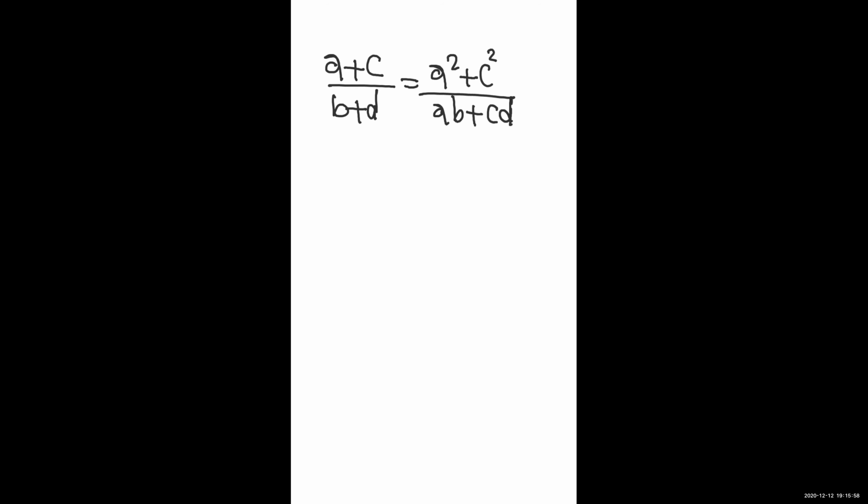Okay, so now again, A over B equals C over D equals M. So A equals BM, C equals DM.